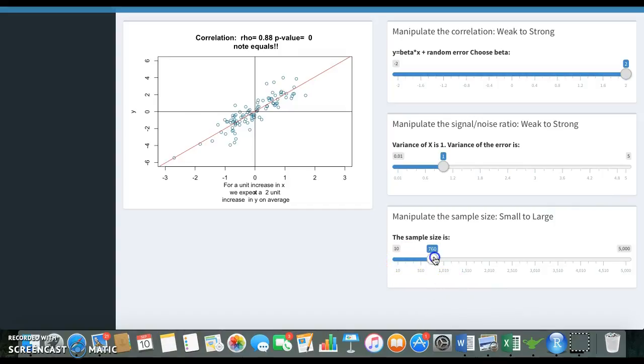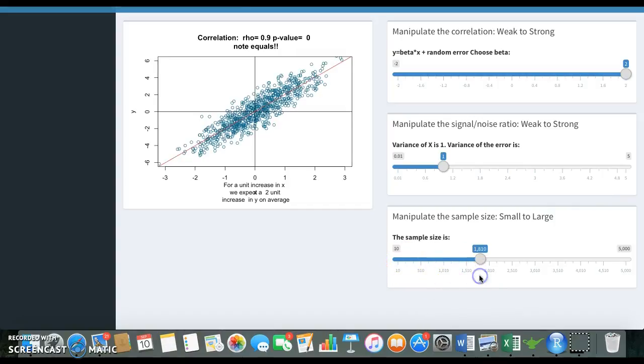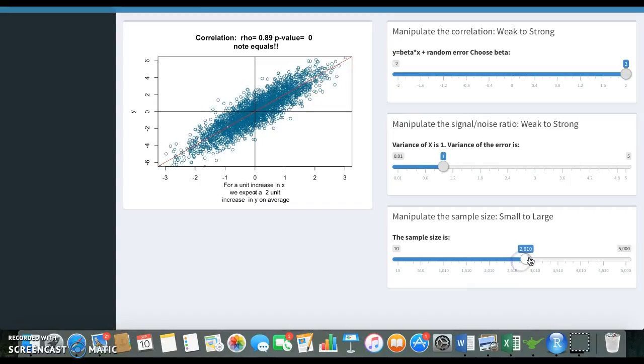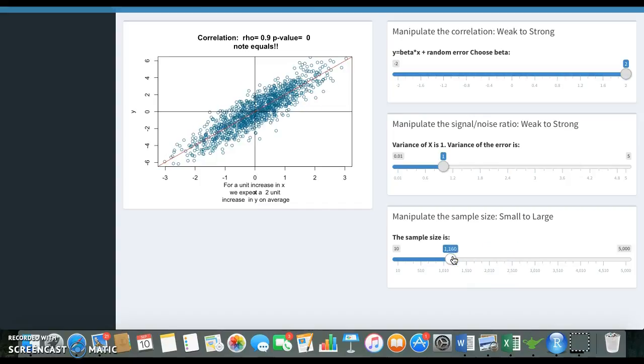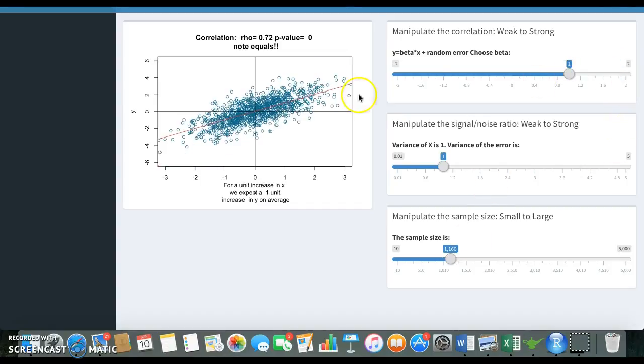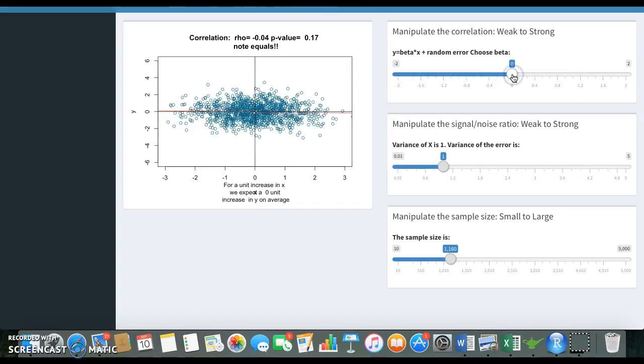We can also have a look at different sample sizes here and see how that changes what these scatter plots would look like. So fundamentally, these scatter plots show a relationship between y and x. And when we have a positive relationship, the line's heading upwards this way with various strengths. When there is almost no relationship, so this was when beta is equal to 0, rho is just equal to -0.04 there.